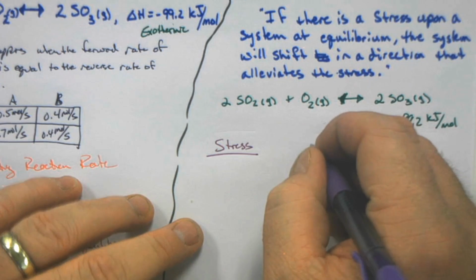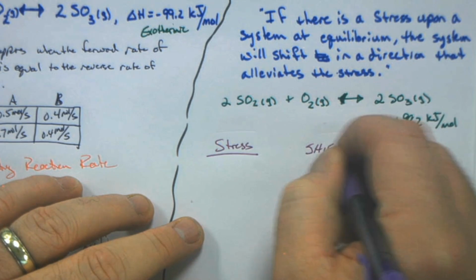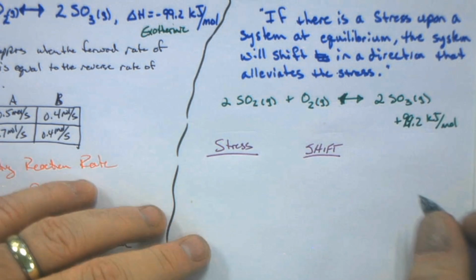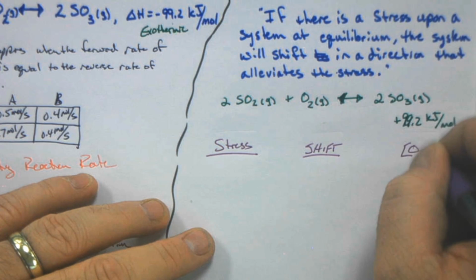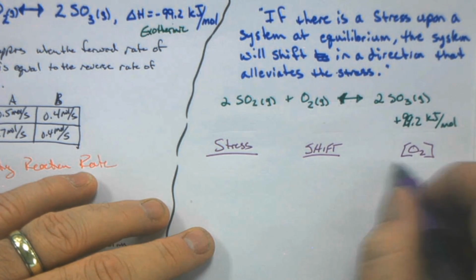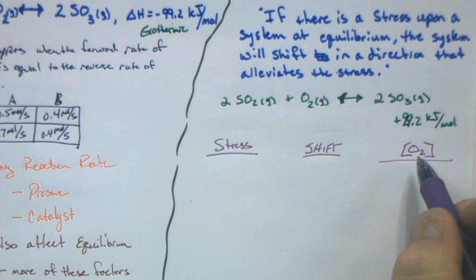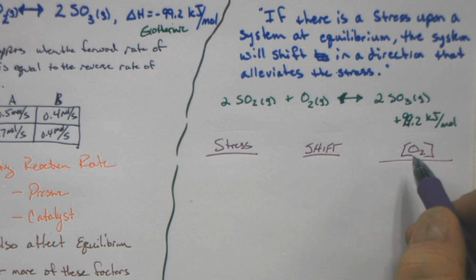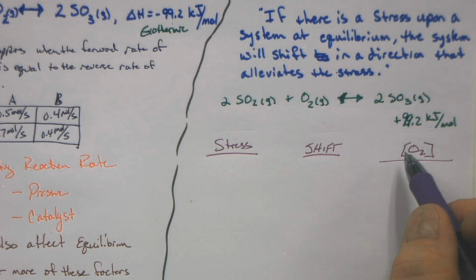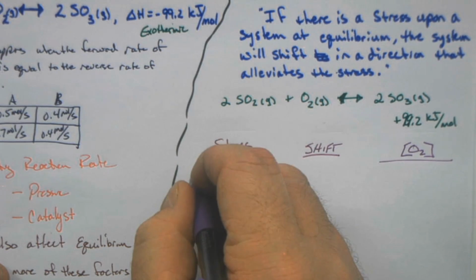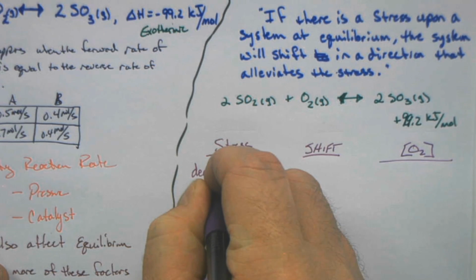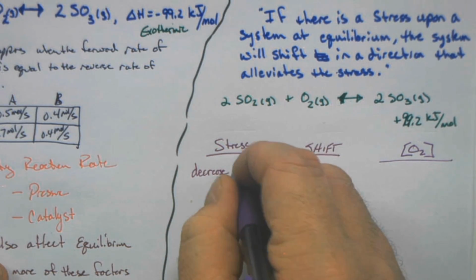We're going to talk about how it shifts, in which direction it will shift. And then we're going to talk about sort of an ancillary thing, an effect of the shift: how it affects the oxygen concentration of our reaction. All right, so the first one we're going to do is we're going to decrease the temperature.